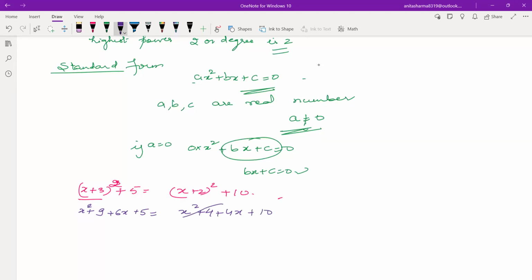So x square cancels. Now beta, have you got what is the power of x here? 1. So 9 plus 5 is 14.